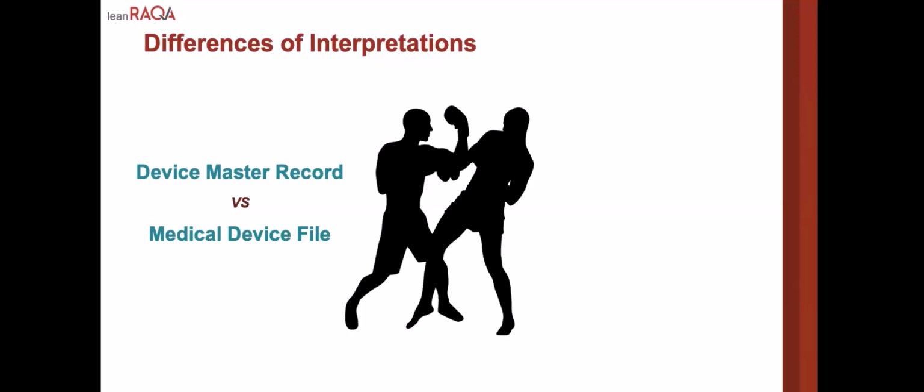The medical device file is similar to a device master record, but it also contains regulatory documentation, intended use statements, and a lot of other requirements that you typically don't find in a device master record. Historically, a good analogy for the device master record is something akin to a recipe of how you would go about making a device time after time.